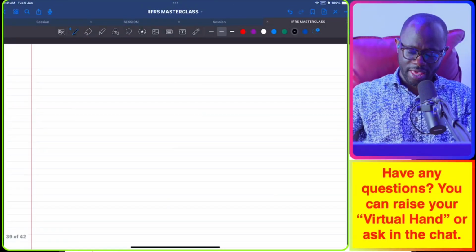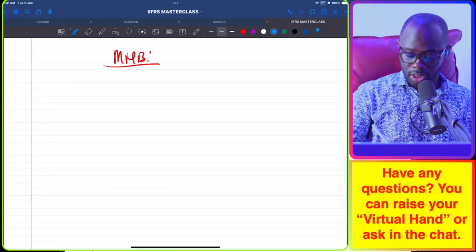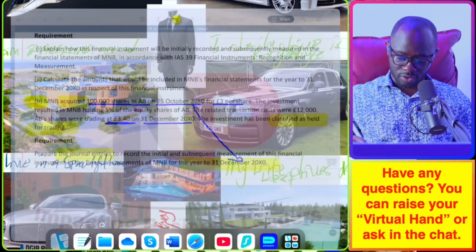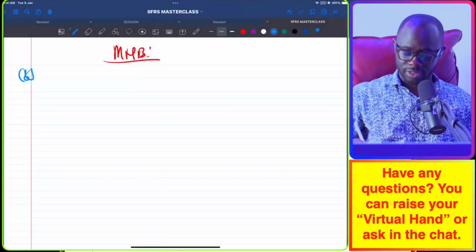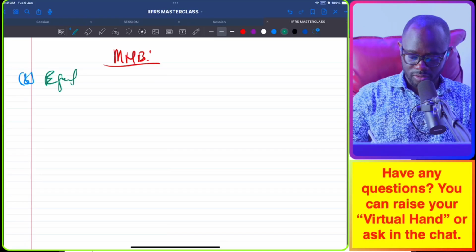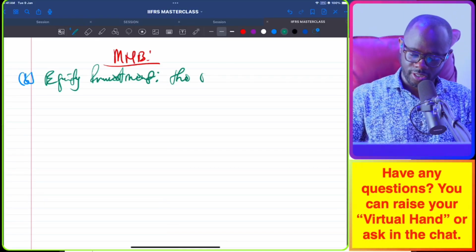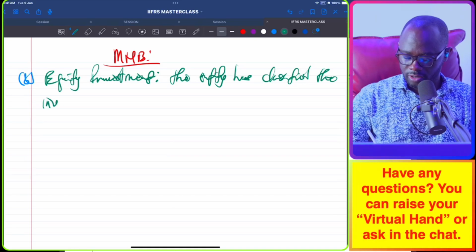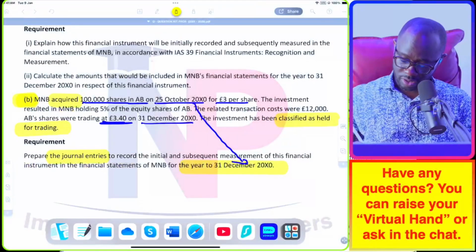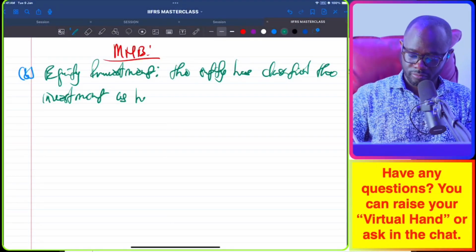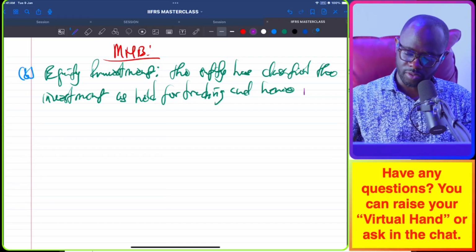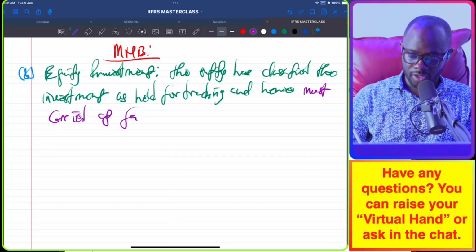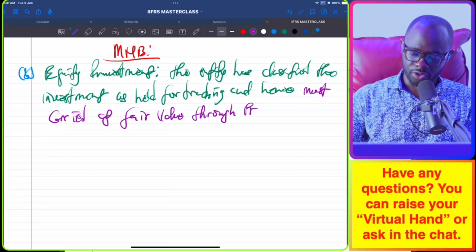So we're looking at the B aspect of that question, equity investment. The entity has classified the investment as held for trading, and hence must be carried at fair value through profit or loss.